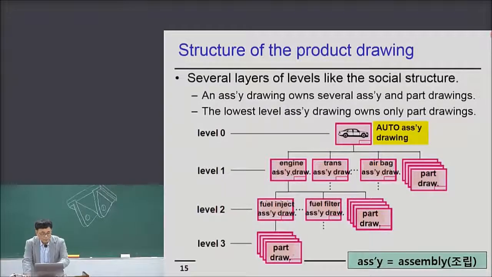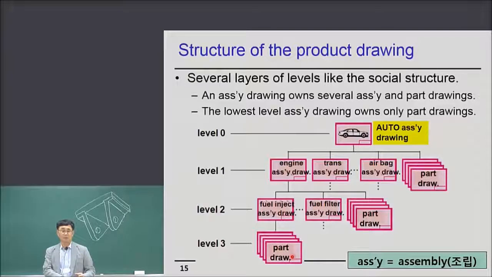Now, the lowest level, the assembly drawing owns only part drawings, right? If this is repeated, then at the lowest level there is no more assembly drawing. So now only part drawings, and then the levels of the product drawing are finished.